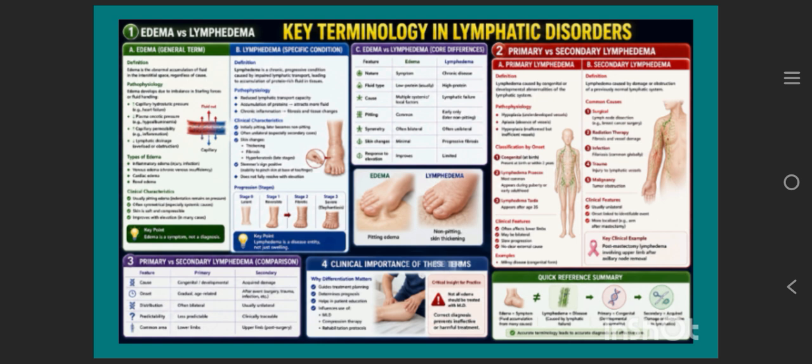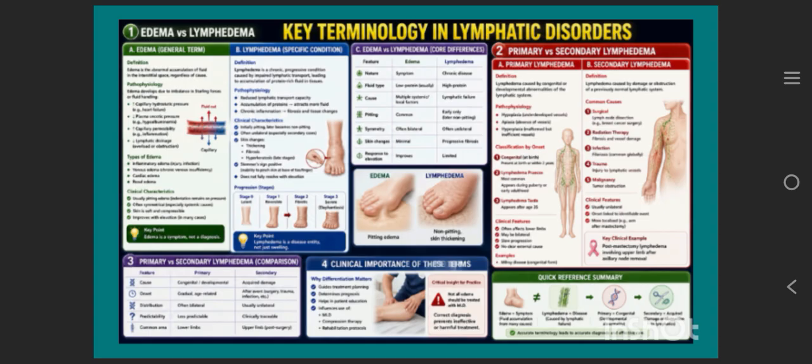The fifth is that it does not fully resolve with elevation. Progression: there are stages 0 to 3. Stage 0 is latent, stage 1 is reversible, stage 2 is fibrotic, and stage 3 is severe, which could be elephantiasis.